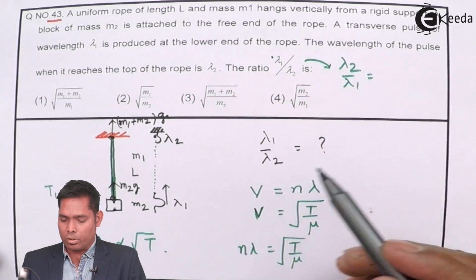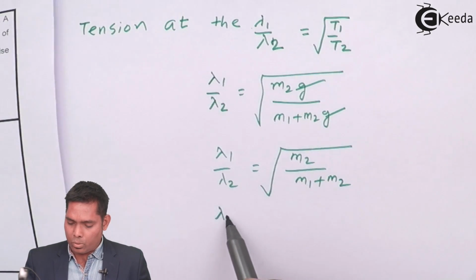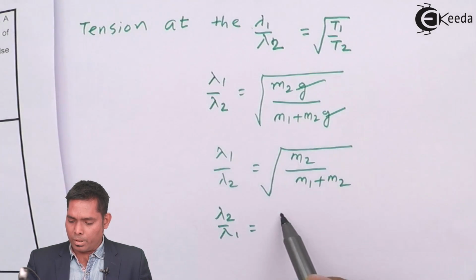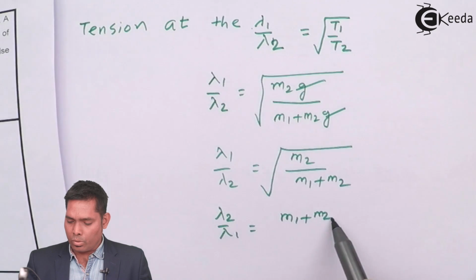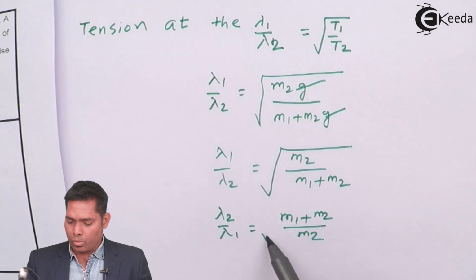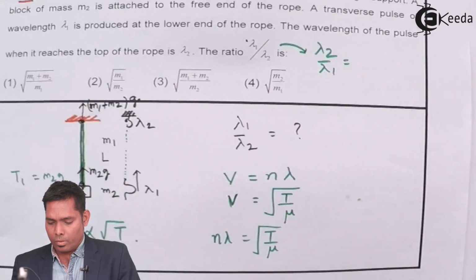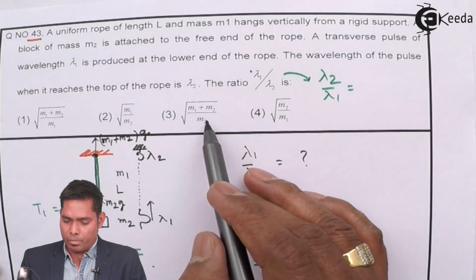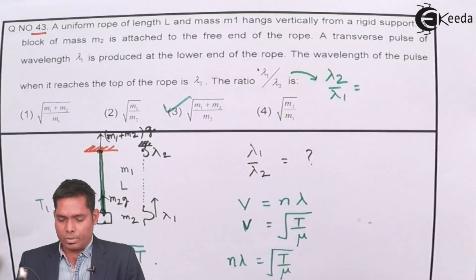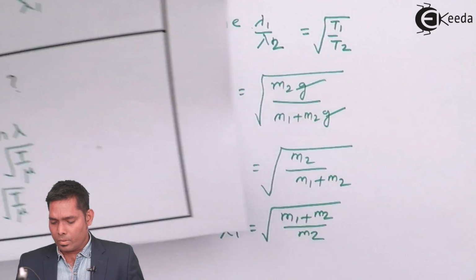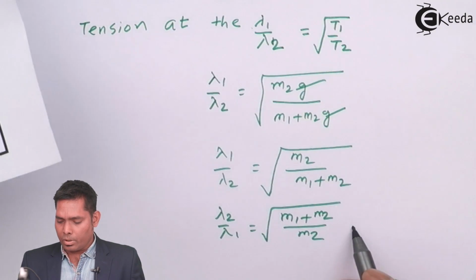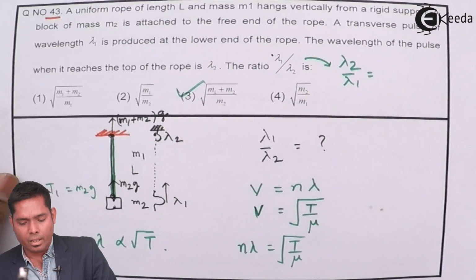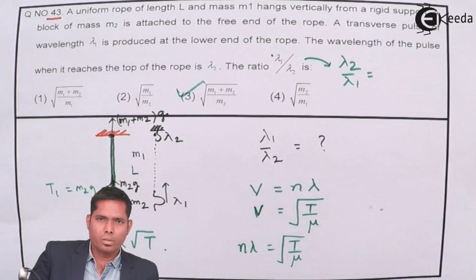So lambda 2 over lambda 1 will be the square root of m1 plus m2 divided by m2, so option number 3 is correct. This is the right answer to this question. Thank you.